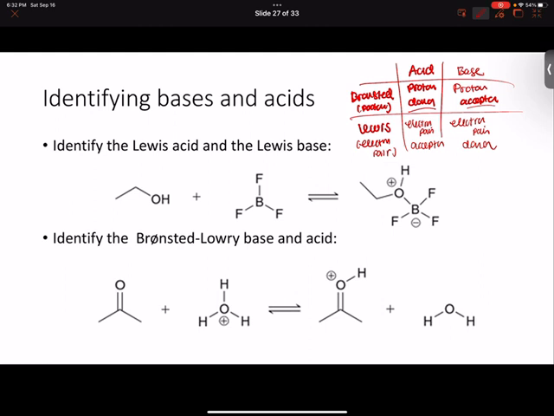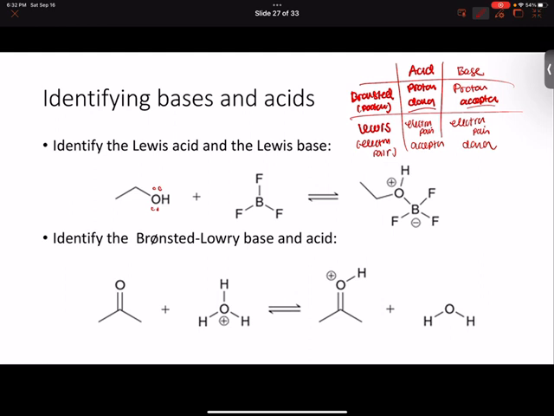So then we're doing identify the Lewis acid and the Lewis base. So then I would say first, just add your electron pairs. So then let's look at our chart. Our acid is going to be an electron pair acceptor, and our base is going to be an electron pair donor.